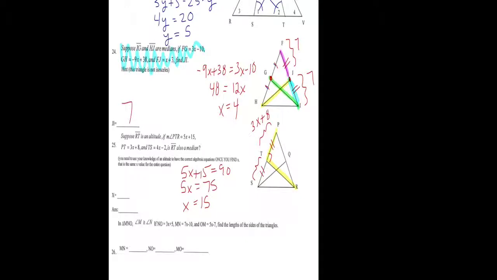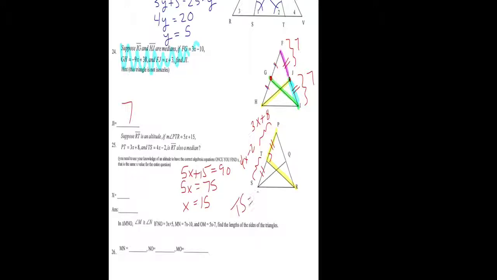And S to T is 4x minus 2. Once I know x is 15, I plug it in right here and get 15 times 4 is 60, minus 2 is 58.